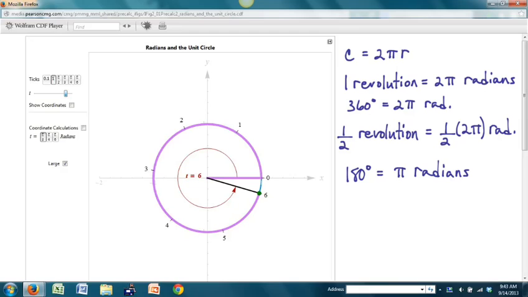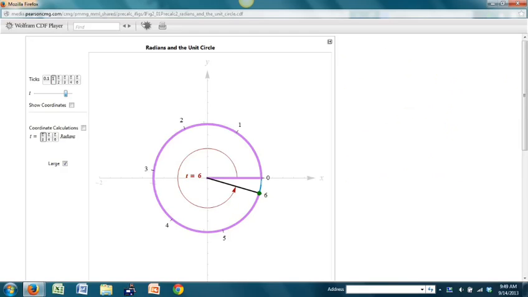So let us look now at the same circle that is measured not in whole numbers of radians, but in multiples of pi. This circle is labeled in half pi's. You can see the top of the circle is 1/2 pi, and that makes sense because halfway around the circle is a whole pi.